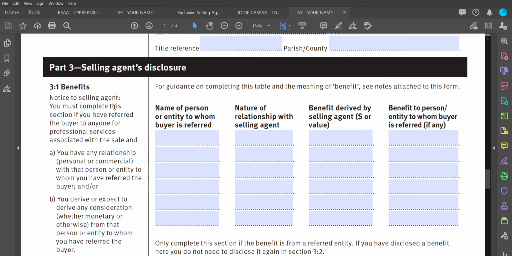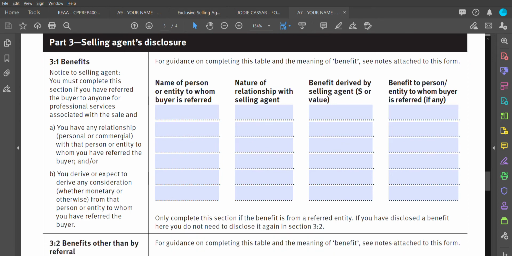You must complete this section if you have referred the buyer to anyone for professional services associated with the sale, and you have any relationship, personal or commercial, with that person or entity to whom you have referred the buyer, and/or you derive or expect to derive any consideration, whether monetary or otherwise, from that person or entity to whom you have referred the buyer. So this section is where you would put in those referral details.